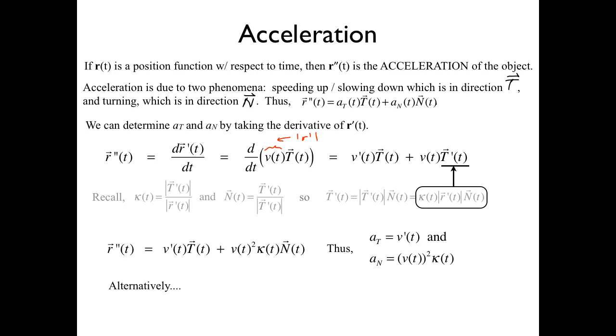Again, if you're comparing r prime to r double prime, what would that be a matter of if we want how fast we're speeding up or slowing down in the direction of motion? So this is a sub t, in the direction of motion, speeding up and slowing down.